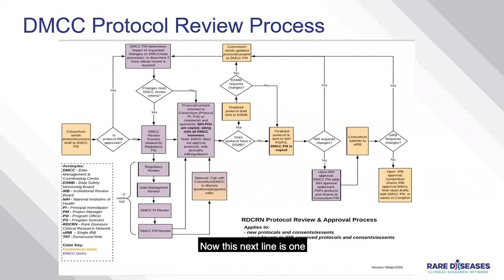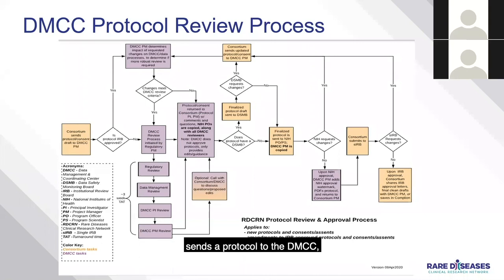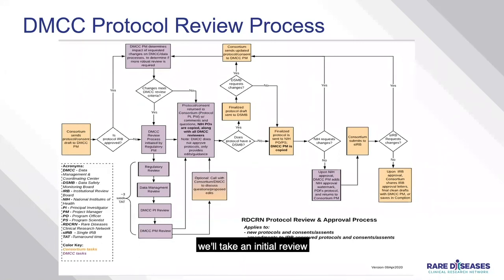Now this next slide is one that you probably have seen before. This is a general overview of the DMCC protocol review process. What ends up happening is when a consortium sends a protocol to the DMCC, we'll take an initial review by your regulatory project managers.